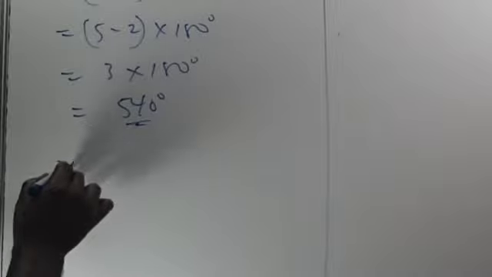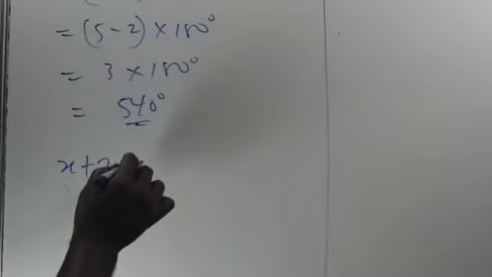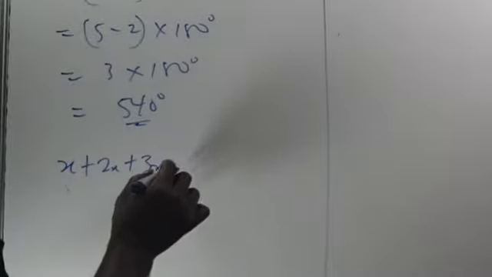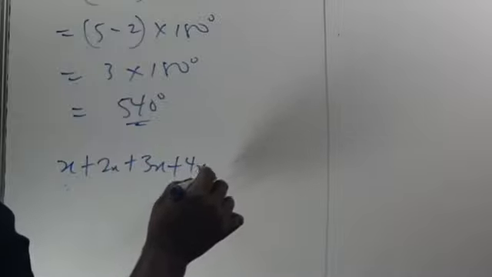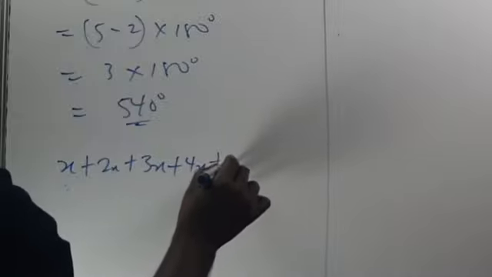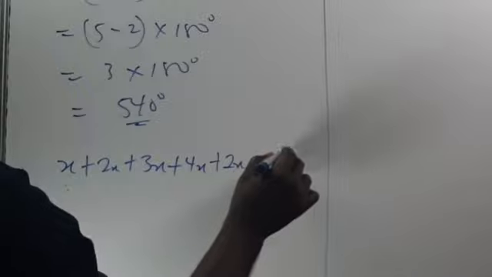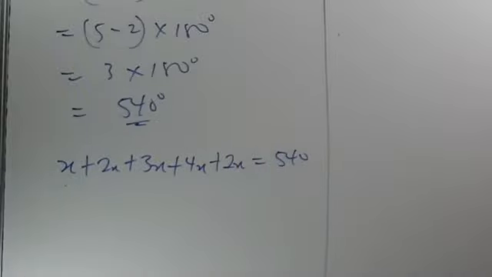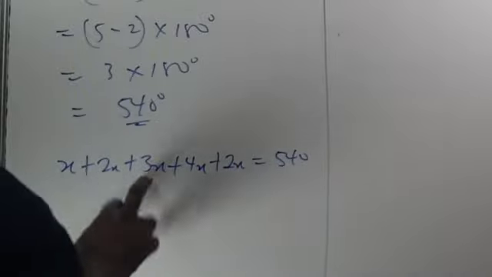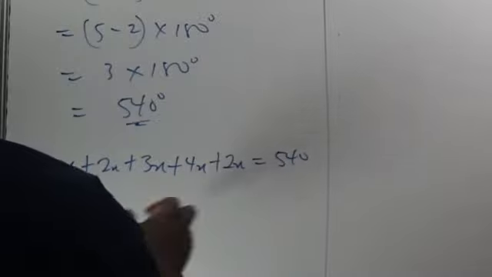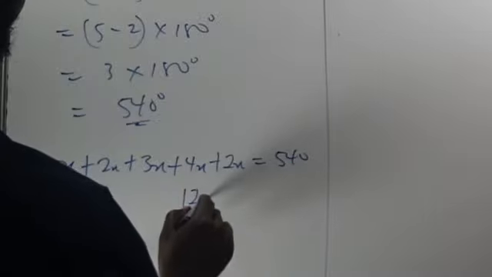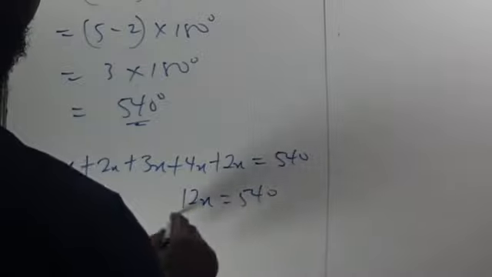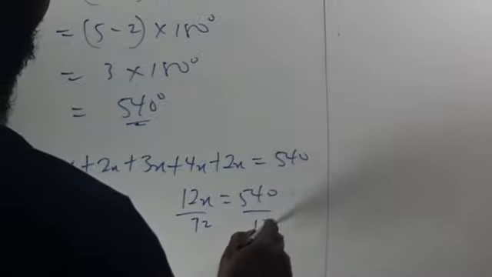That will be x plus 2x plus 3x plus 4x plus 2x equals 540. This plus this, that is 3, 6, 10, 12. That is 12x equals 540. Divide both sides by 12.